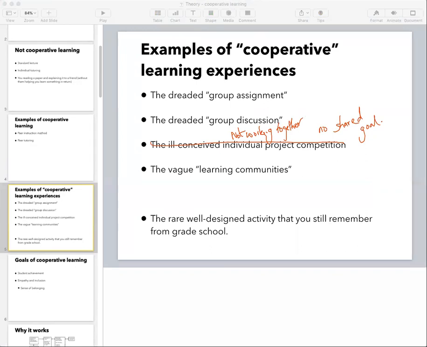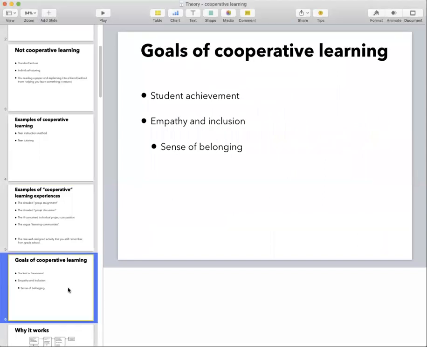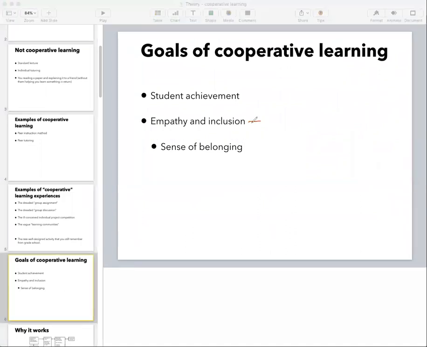What happens when you do design cooperative learning correctly? Here are some common goals for cooperative learning. The first is student achievement. This is improved learning, things like higher grades, being able to understand things that you're teaching in class. But there are also other goals like empathy and inclusion, like helping students see the world from other students' perspective.